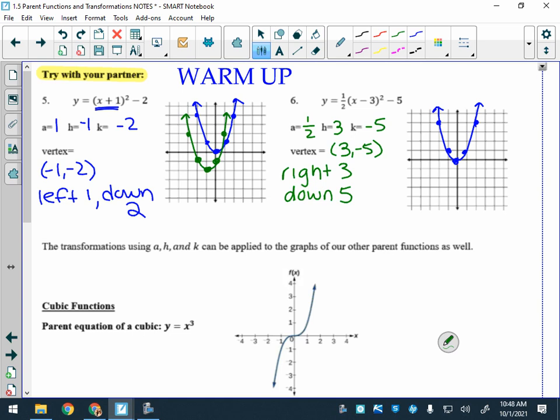So, speaking of the shape, what's going to happen since we have an A value of 1/2? Yeah, Charlotte. Excellent. Okay, it's a vertical compression. So, I want to show you guys with this warm-up, okay, using our table of values, how it looks just looking at points.